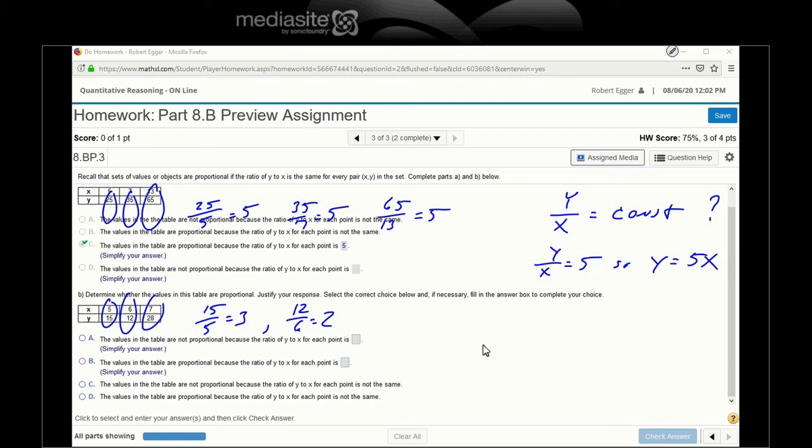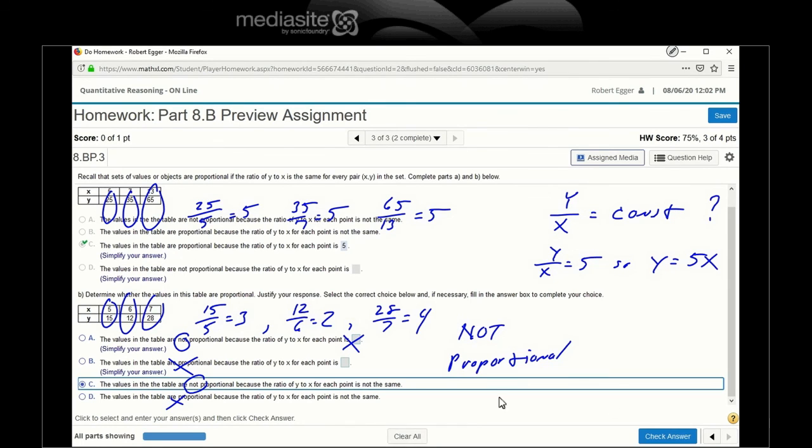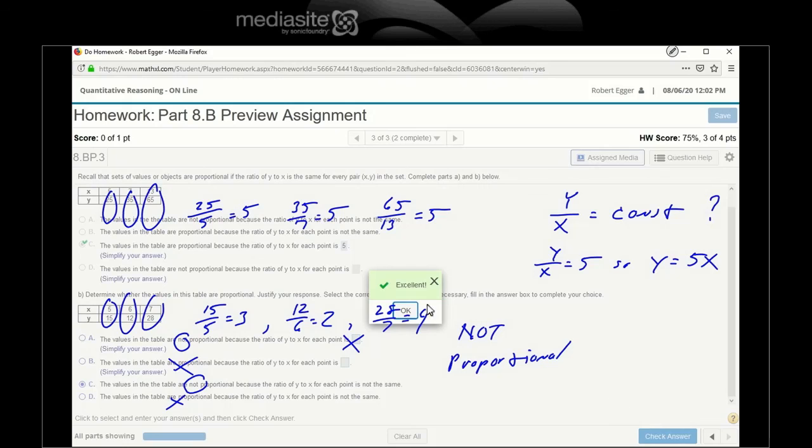But just for fun, what's the other one? Okay, so not proportional. They're not constant. It's not proportional. It has to be C. Yep.